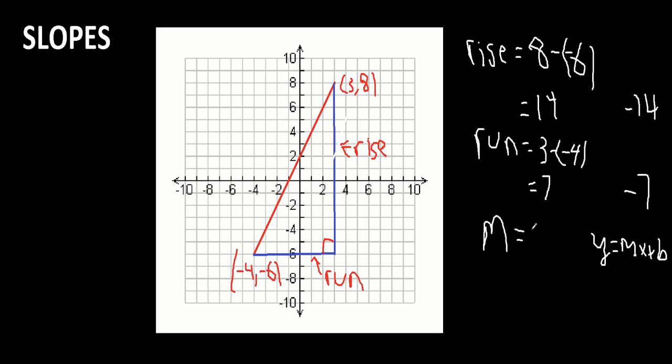So m is rise over run, and that gives us our rise, which is 14, divided by a run of 7, and that equals 2. So that means the slope of this line would be 2.